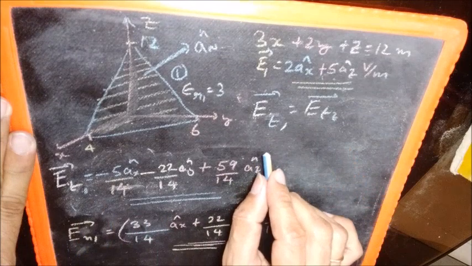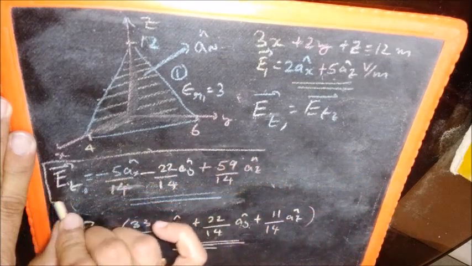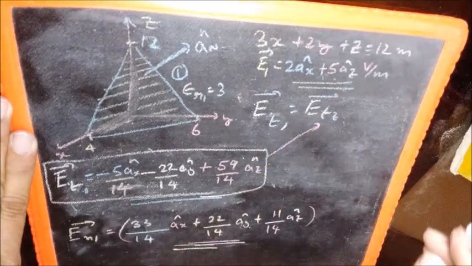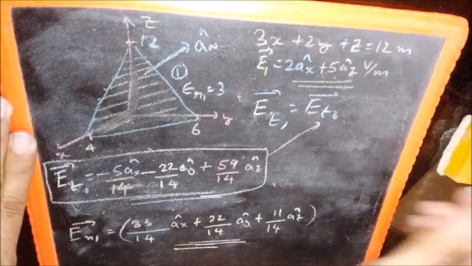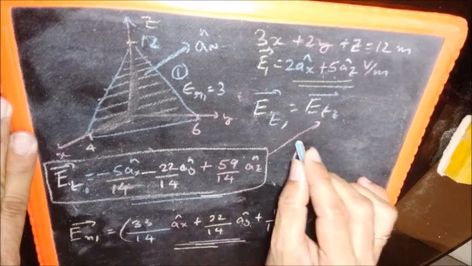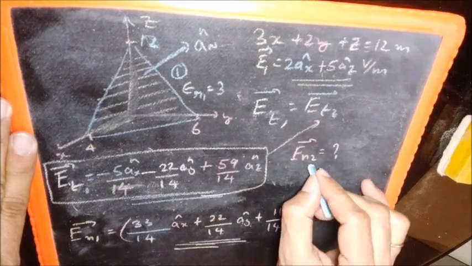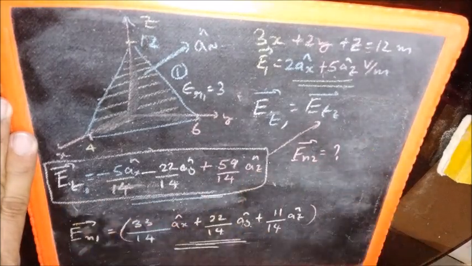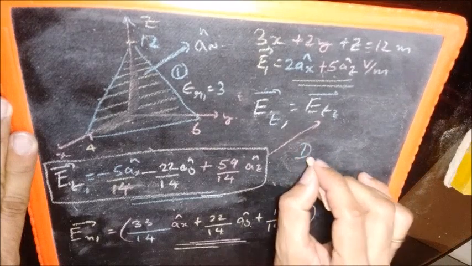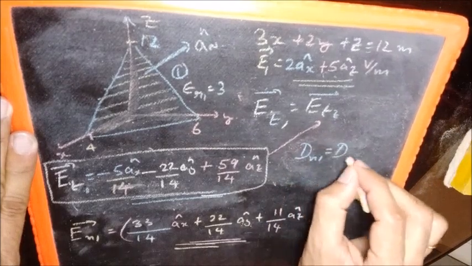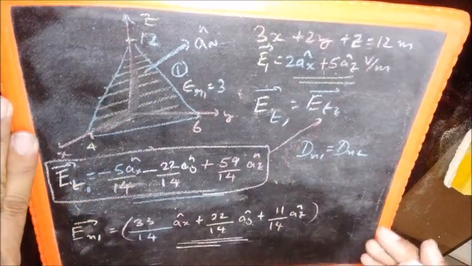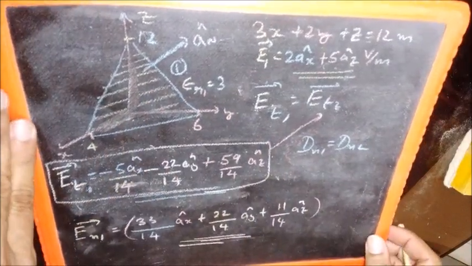Now we have to find out En2. If we find out En2 and put this together, we have the full result for E2. So En2 we can find out from this relation. Again, the interface is charge free, nothing is mentioned about charge on the interface, so we take it as charge free.